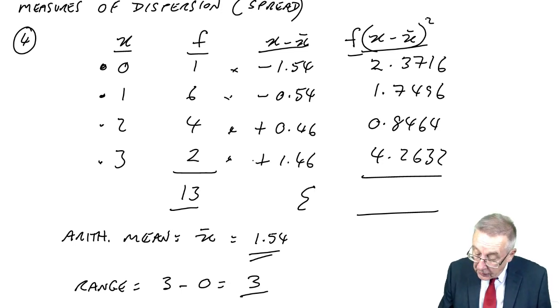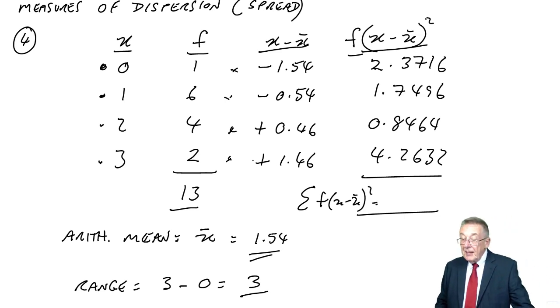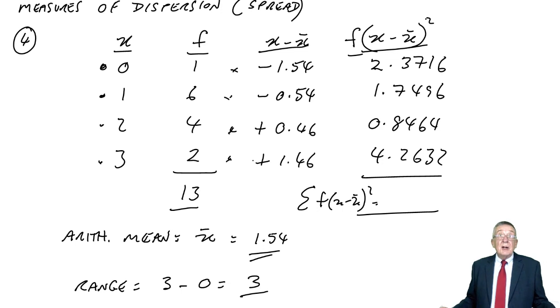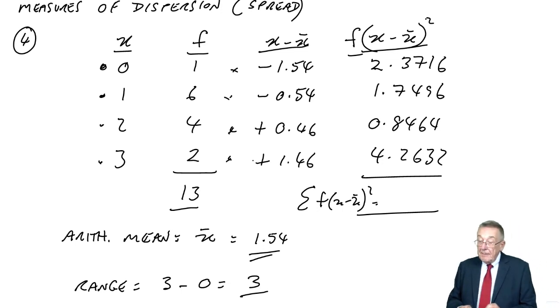And if we get the total of them, sigma f times x minus x bar squared, but I'm not too worried about the symbols, the total of those, again, this time they're all positive because we've squared.